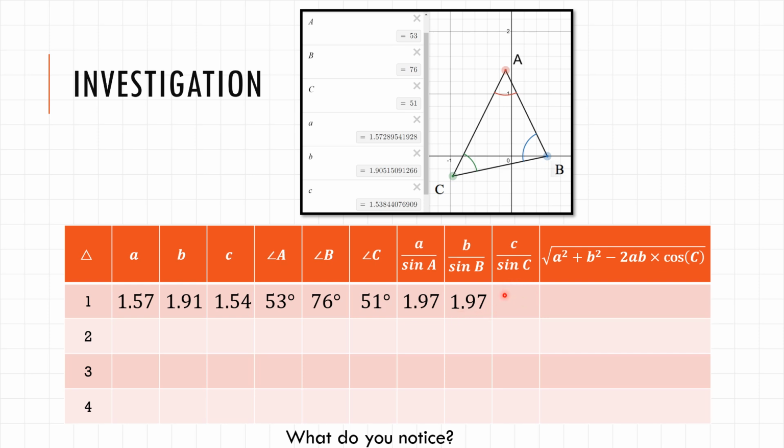What would go here? So this is c divided by sine of angle C. So I will take 1.54 and I'll divide it by sine 51. Hopefully you got 1.98 here. And that's all you have to do to fill out this table. The last column of the table, it looks more complicated, and it is.